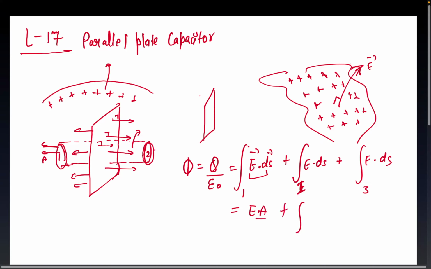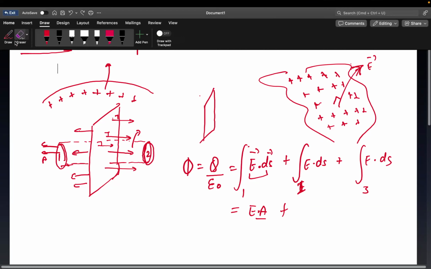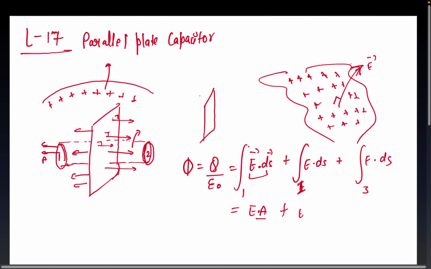At the second surface, the electric field is this side and the area is this side, so it is also E dot ds. If you solve it, you get the magnitude itself, because flux is magnitude. So this also comes out as E dot dA, plus the last one.